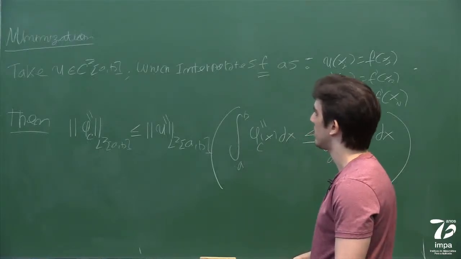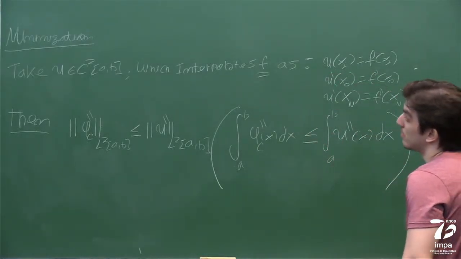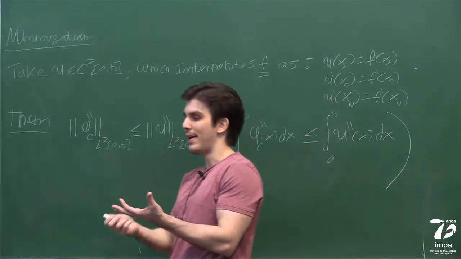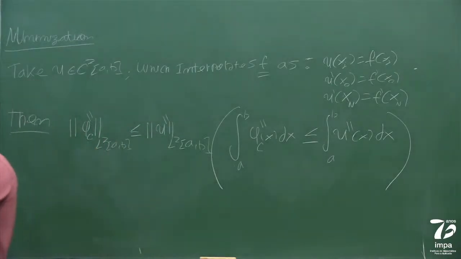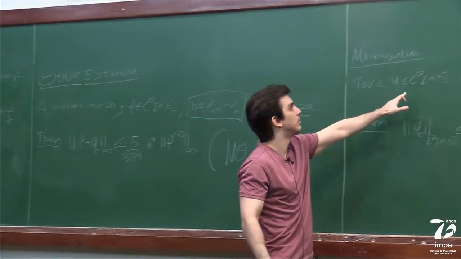Okay? So this is a nice minimization property which tells you that the effect of choosing cubic polynomials on each subinterval indeed has a difference. You see this because u is just C2.